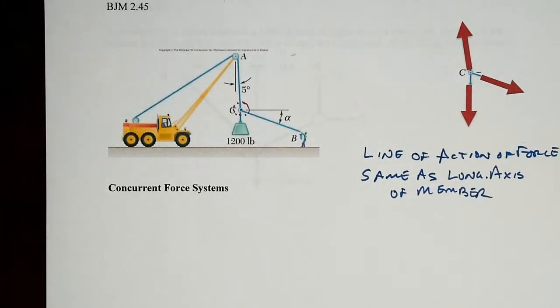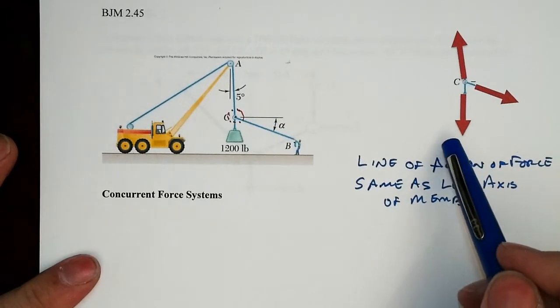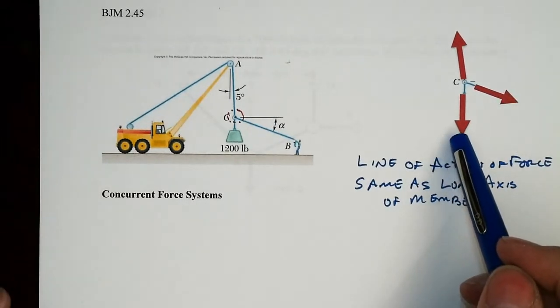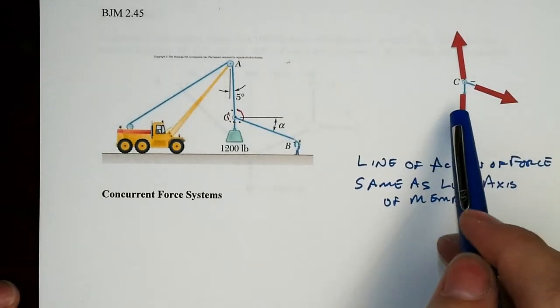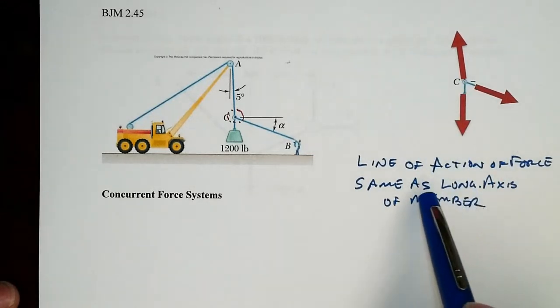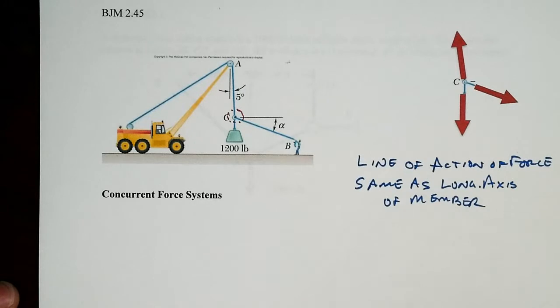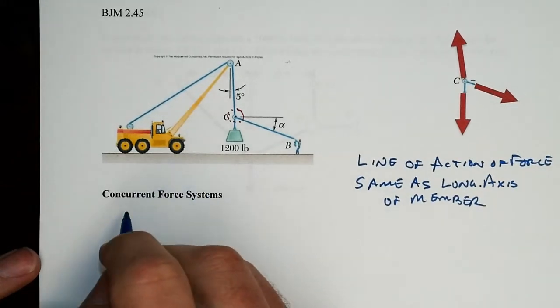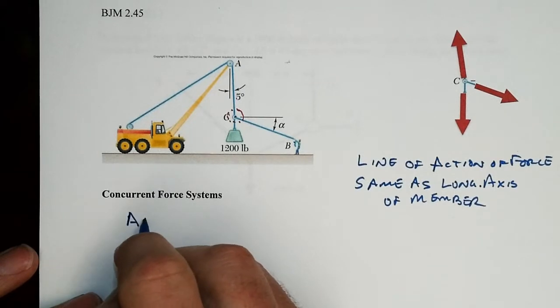Now, even more important, if you were to go back in the video, don't do it yet, and look at every single one of these free body diagrams, the lines of action of the forces will all pass through a common point, and that's what we call a concurrent force system.